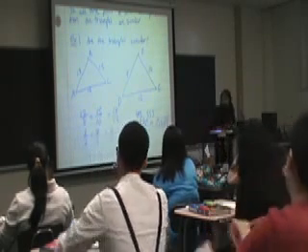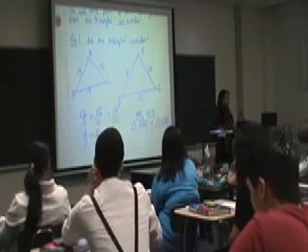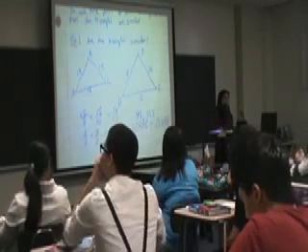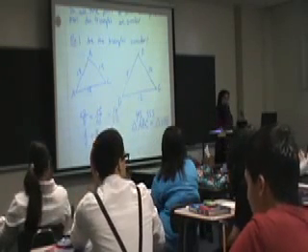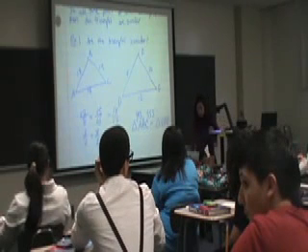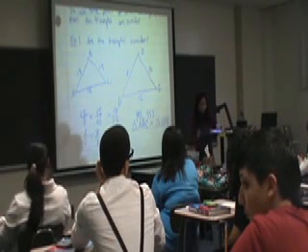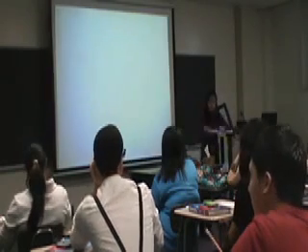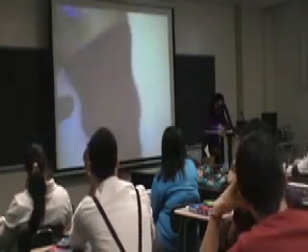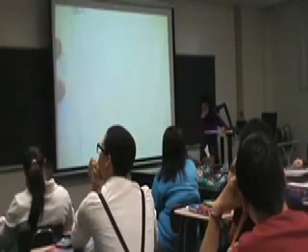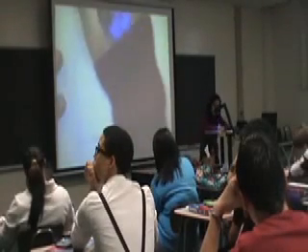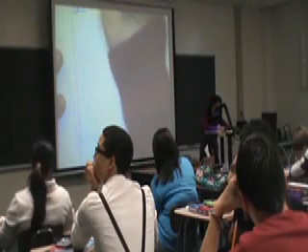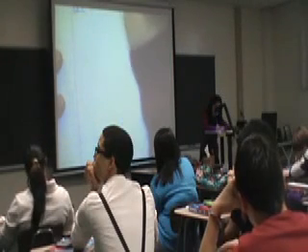Okay. Make sense? Any questions, comments, concerns? Can I move on? Yeah. Okay, let's try another example. Let's call this example 2. So we're going to see, are these two triangles similar?